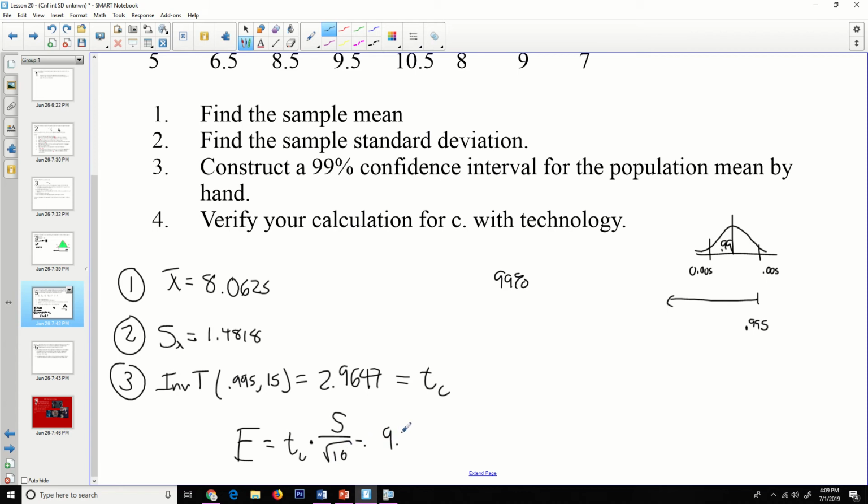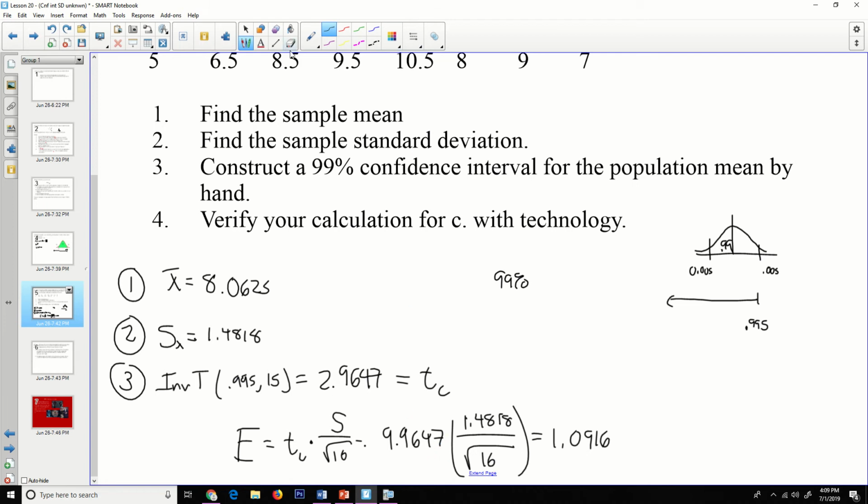So it's 2.9647, and then the standard deviation I'm just taking from right there, 1.4818 over the square root of 16, and I've done that calculation already, and it's 1.0916. You can put that in your graphing calculator and that's what you'll get.